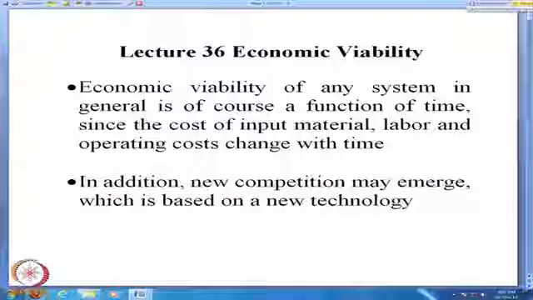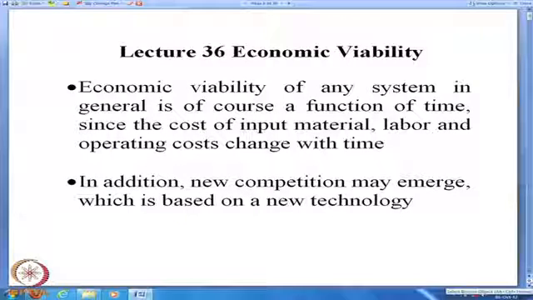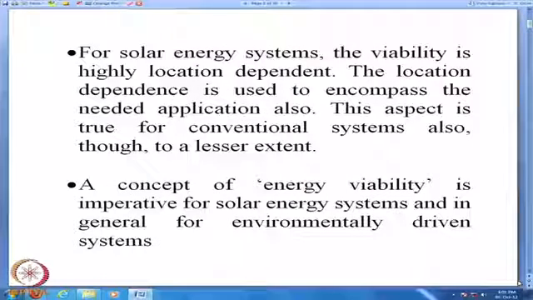And then new competition may emerge, which is based on a new technology. This is one thing that one has to look into. For example, even if we take a decision today, solar thermal versus solar photovoltaic, with mass scale production, if the photovoltaic cells are going to become cheaper, you may go to producing electricity with the solar photovoltaics even to heat water.